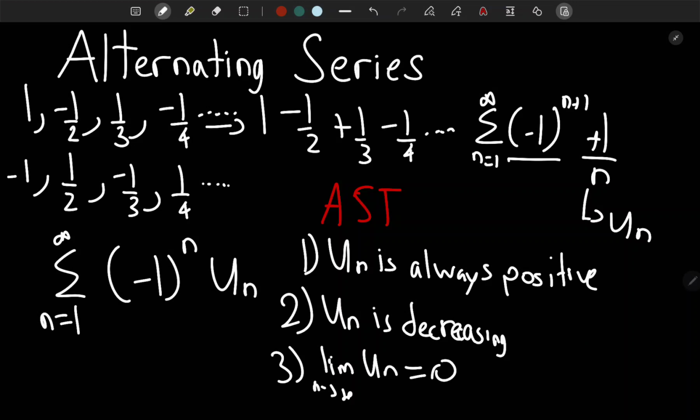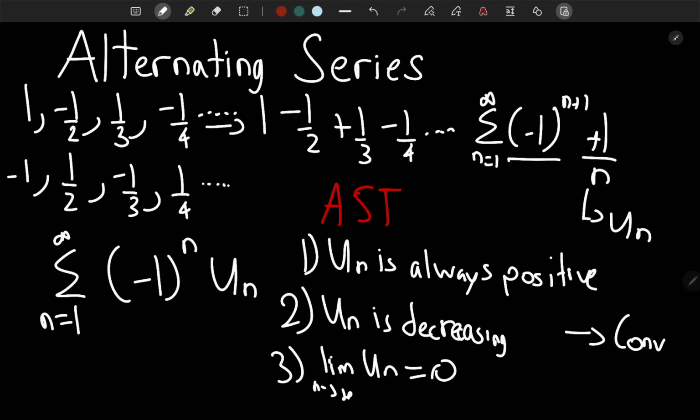If all three conditions are satisfied, this means that the series is converging. And if any one of these conditions is not satisfied, you can directly say that the series diverges. So you don't need to check all three of them. If one of them is not satisfied, this means that the series is diverging.